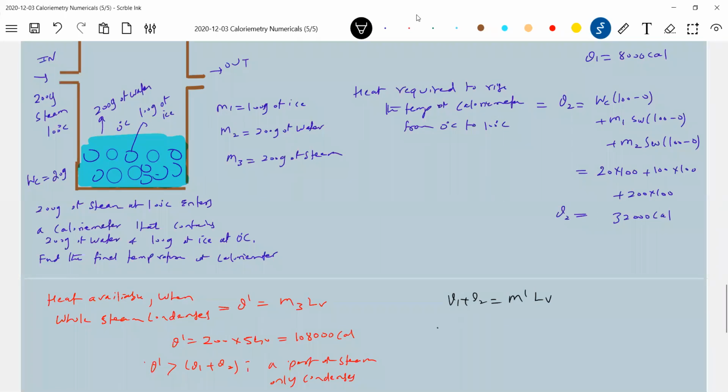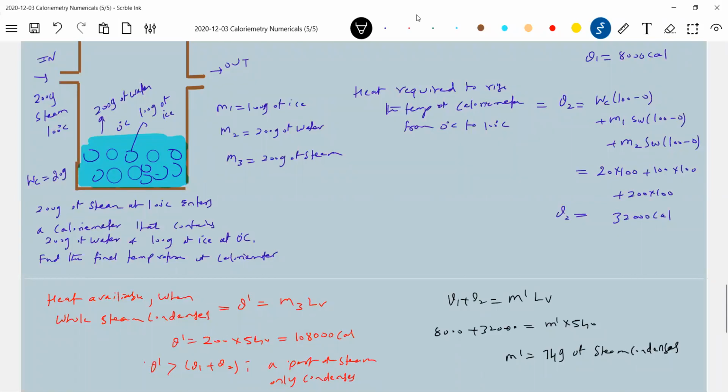So this will be 8,000 plus 32,000 equals M dash into 540. The value is 74, so 74 grams of steam condenses.